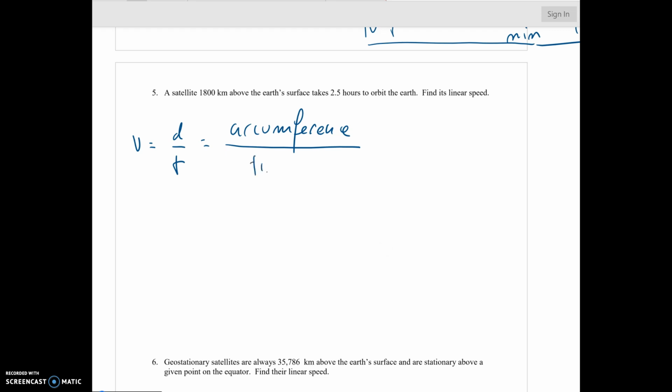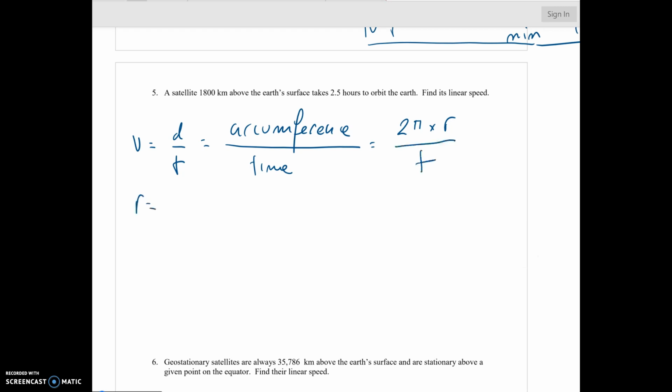And regarding the circumference, I know it's going to involve 1800 kilometers. First of all, what is the circumference? Well, the circumference equals 2 pi multiplied by r, divided by the time.